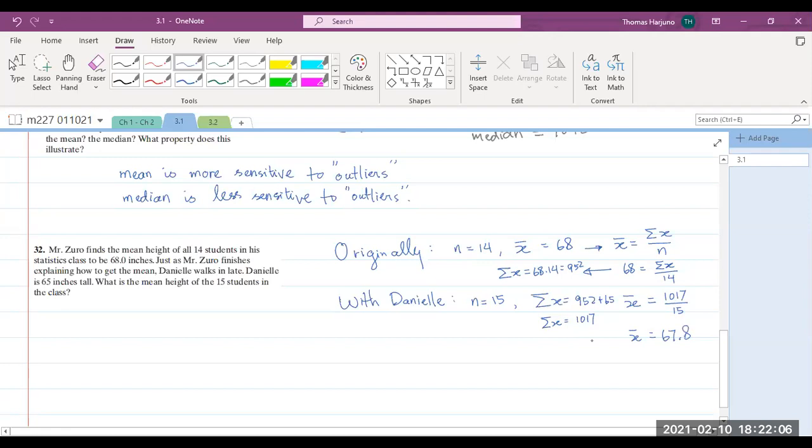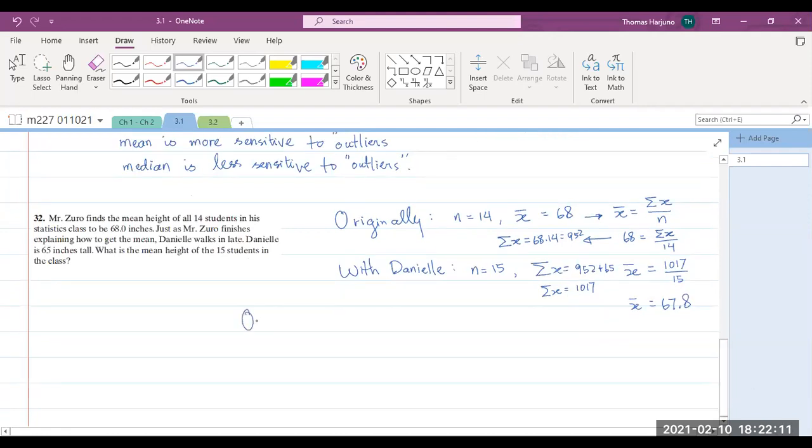67.8. That's the sample mean. So think of it this way. Originally, you have what is n, what's the sum, what is the x bar. Now with Danielle, 14 becomes 15.